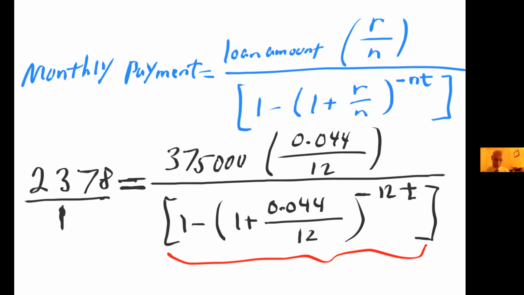Let me go to the next page. On the left-hand side, I will have 2378 times 1 minus (1 plus 0.044 divided by 12) to the power of negative 12 times t.